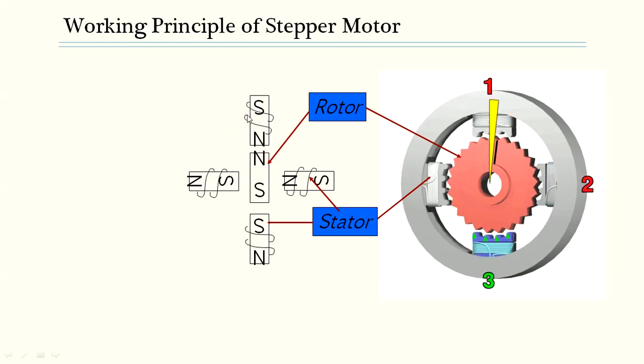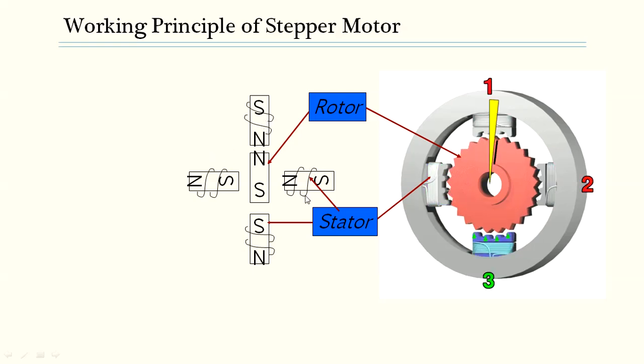Hence a maximum electric flux is generated around this coil, and the internal rotor would rotate and align itself towards A. Next, we apply the voltage to coil B, while the rest are set to 0.